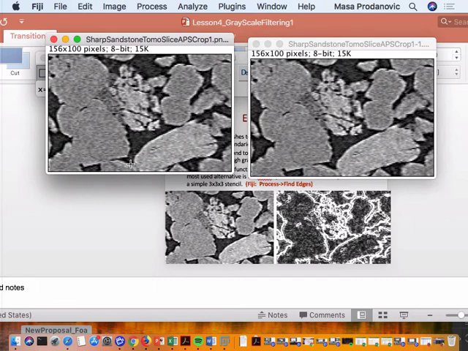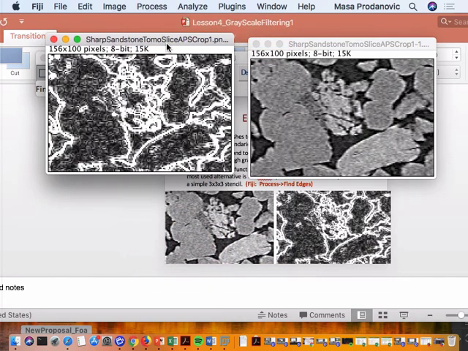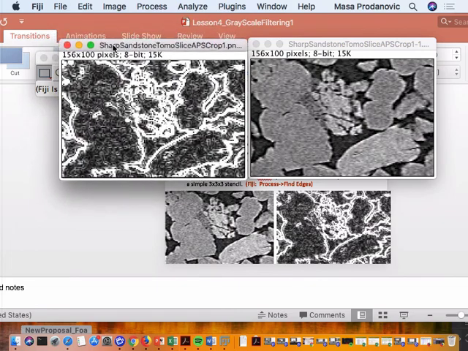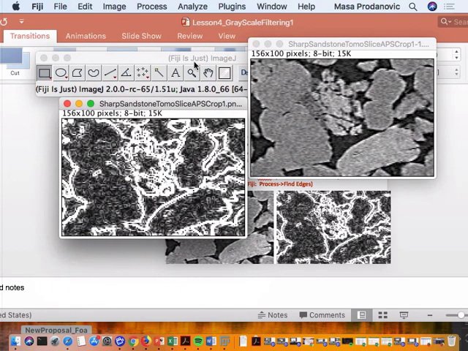So if I would like to identify where edges are, sometimes edges and outlines are of importance. So I can go to Process, Find Edges, and see them. So you can see very much, so what does this mean?